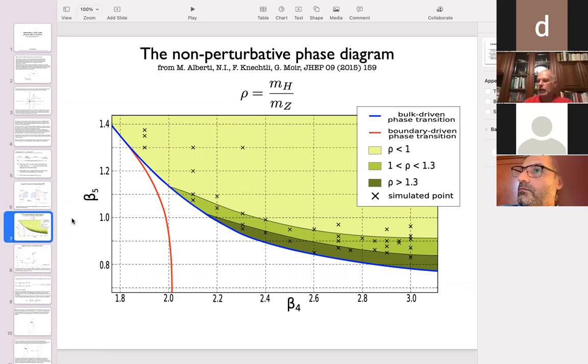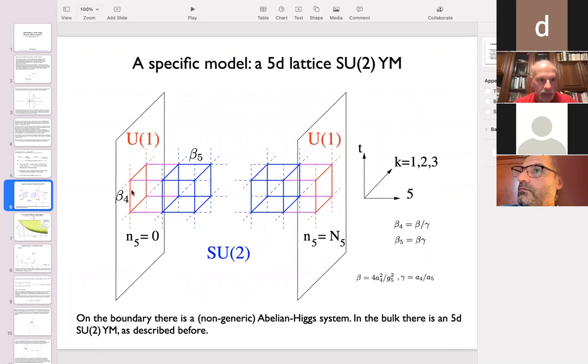This phase diagram is defined by 2 couplings. As you can see here, there is a coupling beta 4, which is the coupling along the 4 dimensions, and then there is a coupling beta 5, which is along the 5th dimension. And I can also parameterize the phase diagram in an equivalent way, instead of beta 4 and beta 5, by beta and gamma.